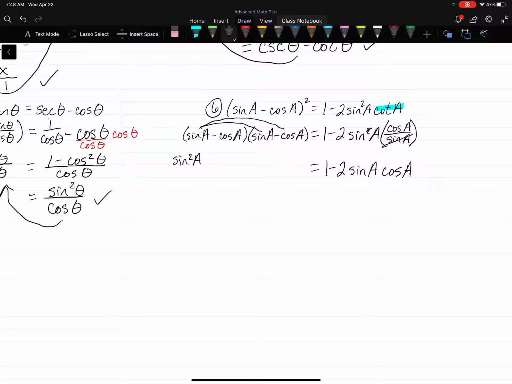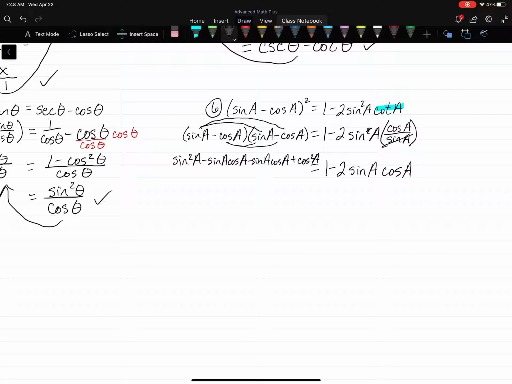Sine a times negative cosine a will be negative sine a cosine a. And then I come to this one. Negative cosine a times sine a is also negative sine a cosine a. And then negative cosine a times negative cosine a is positive cosine squared a.